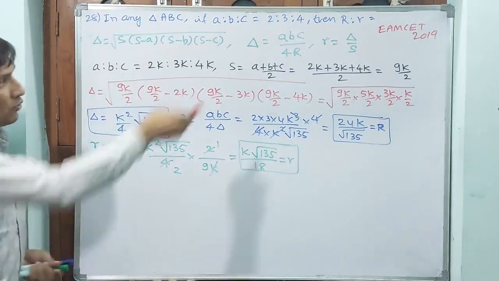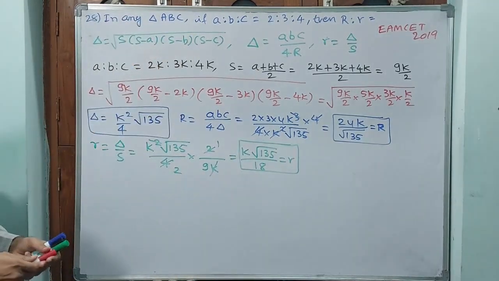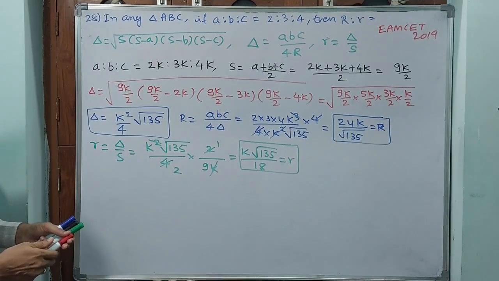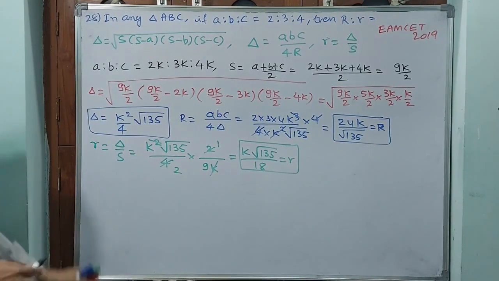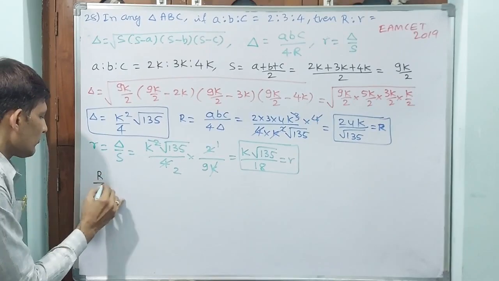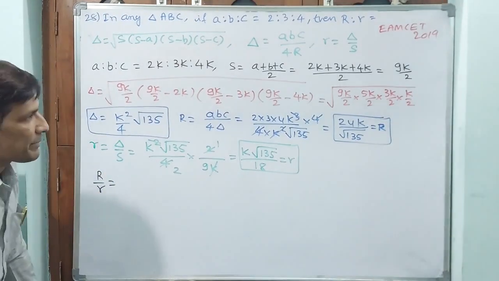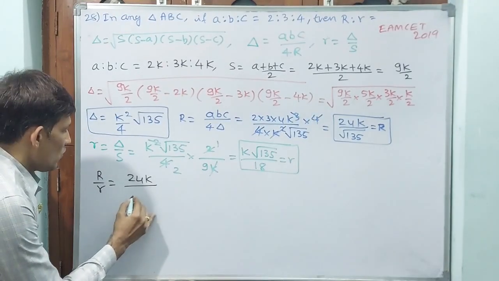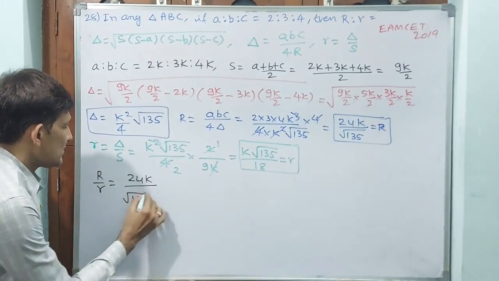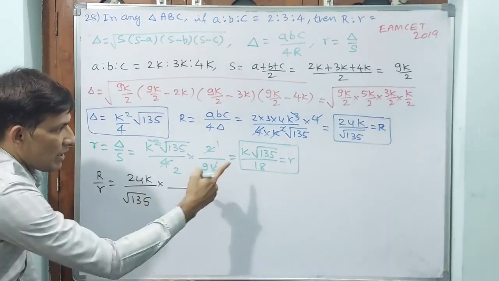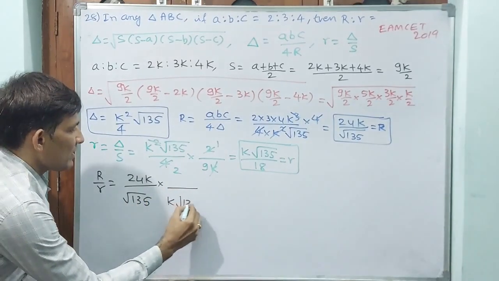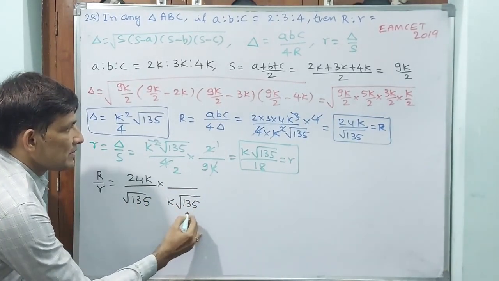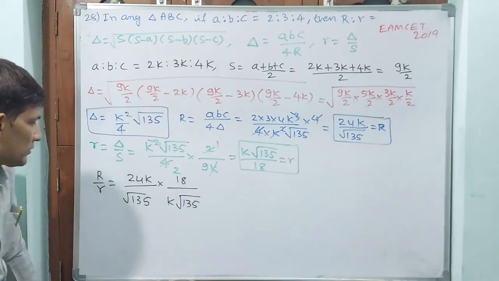Now you get the final R by r ratio. See, R by r means capital R, 24k by root of 135, into small r, small r means k into root of 135 by 18.